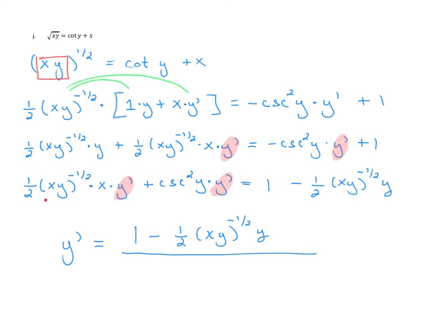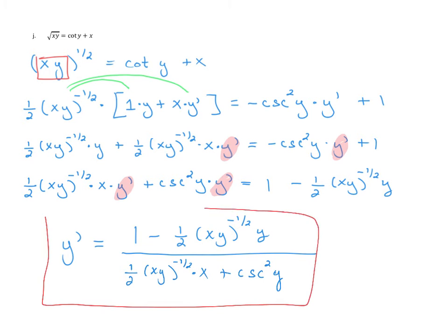This whole thing is divided by what was left over on the left side of the equation, which is 1/2 (xy) to the negative 1/2 times x, and then plus cosecant squared of y. And this is my final answer.